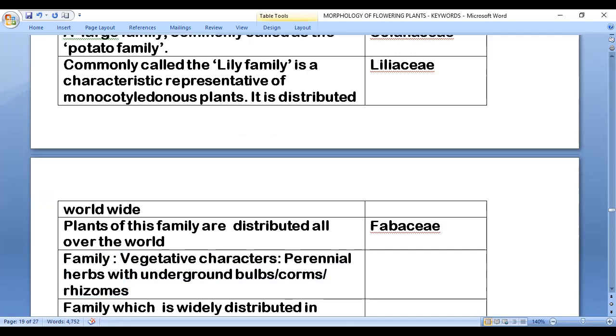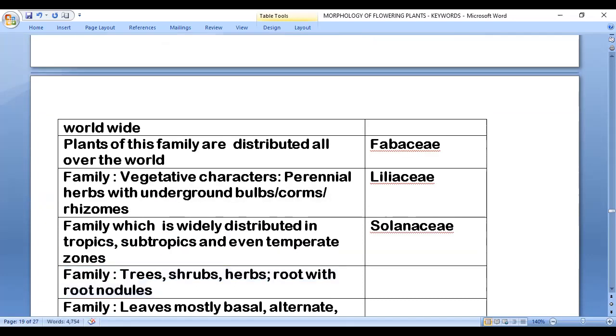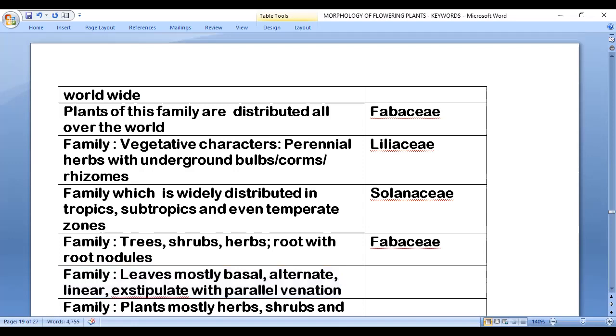Vegetative characters. Perennial herbs with underground bulbs, corms or rhizomes in Liliaceae. Family which is widely distributed in tropics, subtropics, even temperate zones, Solanaceae. Trees, shrubs, herbs, roots with root nodules, Fabaceae.